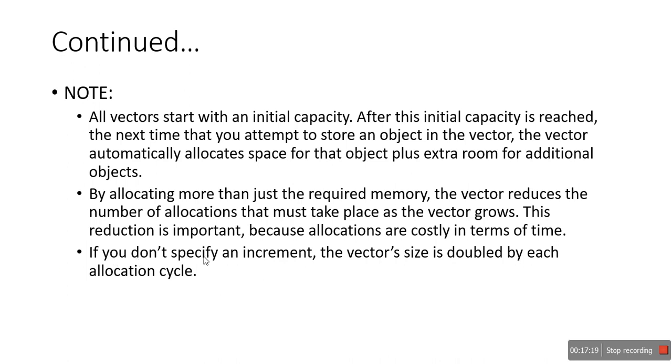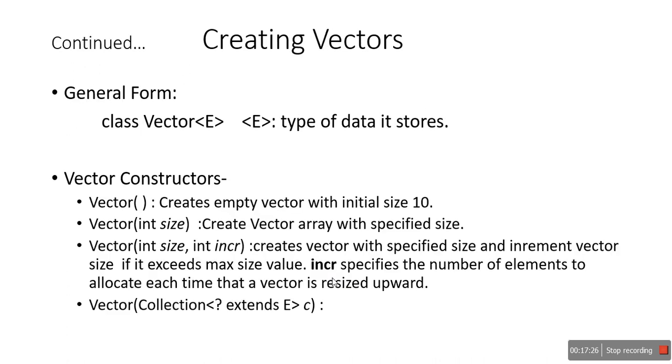If you don't specify an increment, the vector size is doubled by each allocation cycle. As I said, in this constructor the size is 10 and the increment is 2.